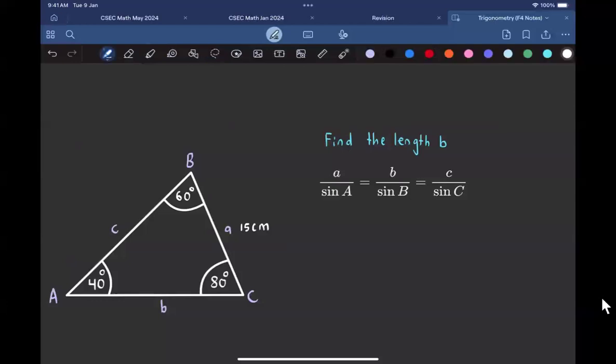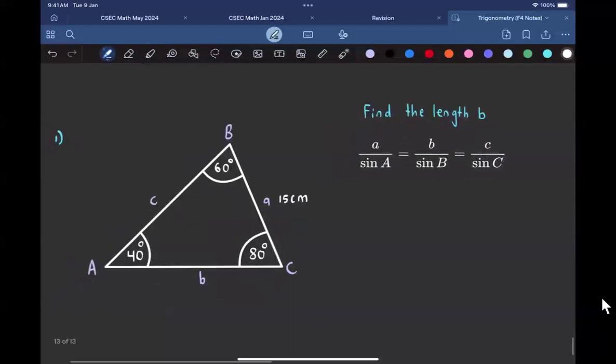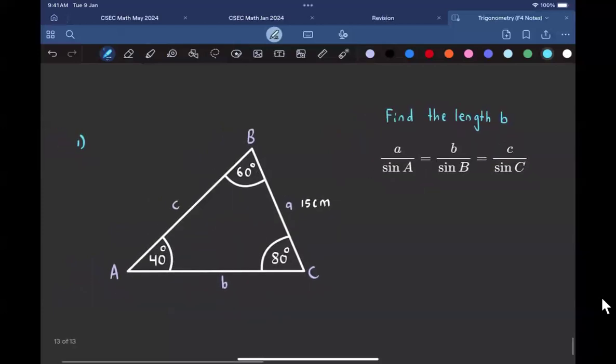Rihanna, let me figure out which two we have to pick. When you're picking, you have to pick a complete set, and you have to pick what you're trying to find. We are trying to find length B, so right off the bat we have to use B. Amy, what complete set of information do we have?